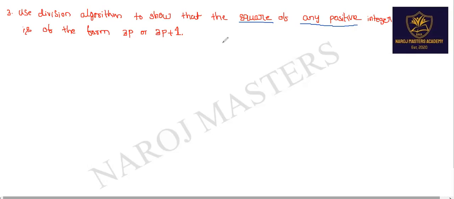So let a be any positive integer, and what is the b value here? b is equal to 3. From this we can say b is equal to 3.